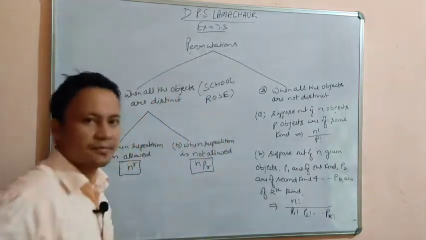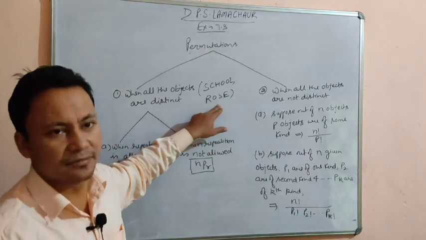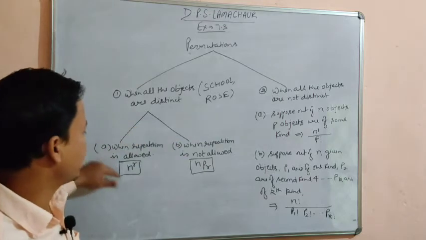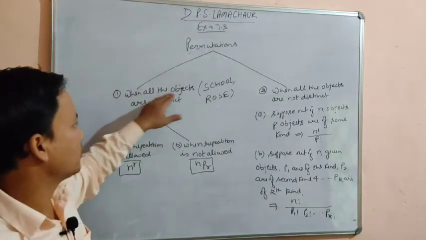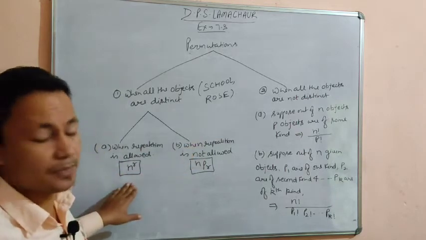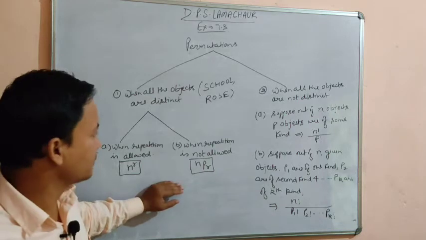See what is the difference between these two words. In ROSE all the alphabets are different, so here we are going to apply this kind of formula. When all the objects are distinct, then we have two formulae. When repetition is allowed, then n to the power r. When repetition is not allowed, then nPr is the formula for finding the permutations.